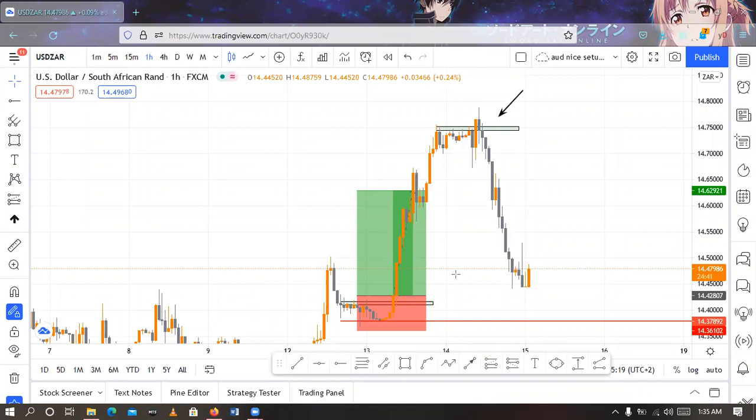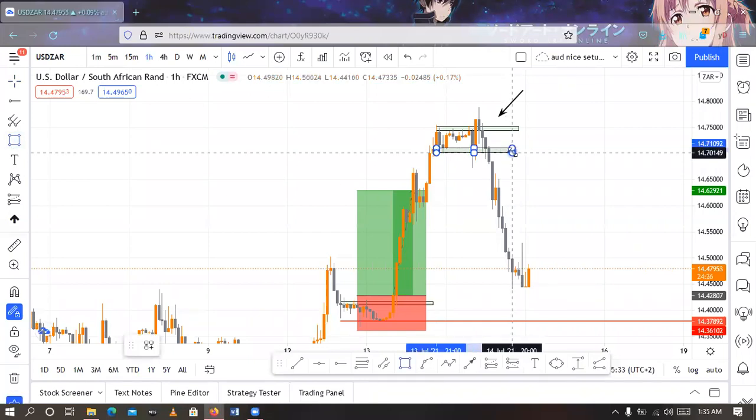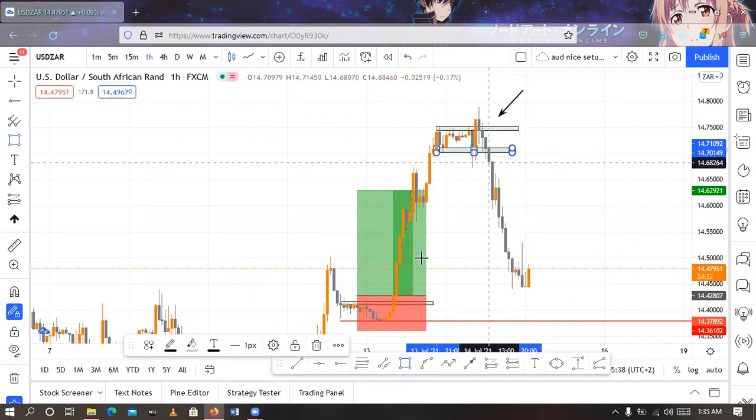Now, what we must do when a level is failing to be broken is identify another level in the market where we could have opportunities to enter the market, which is this level here, right? Now, on the close of the 1 hour candle here, this is an opportunity for us to say, let us enter the market, right?